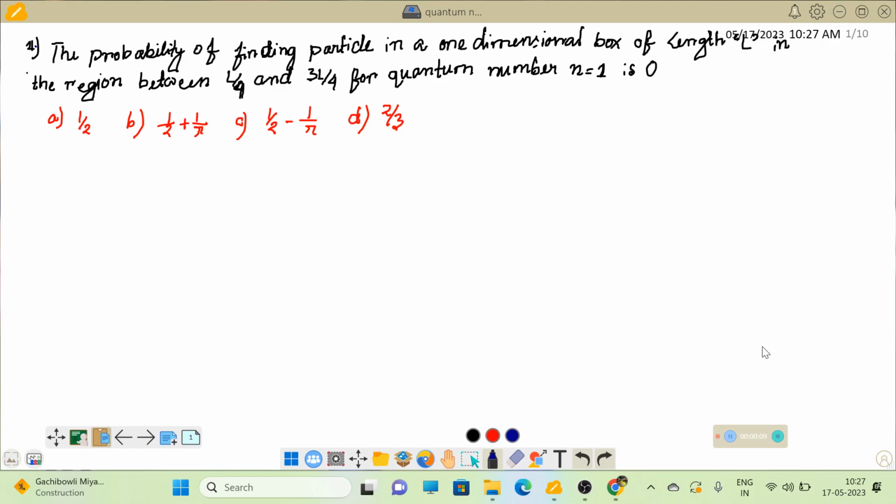As I promised, I will bring a practice set for CSIR-NET June 2023 for chemistry. So now I am here with the session of quantum chemistry, a 10 question series.